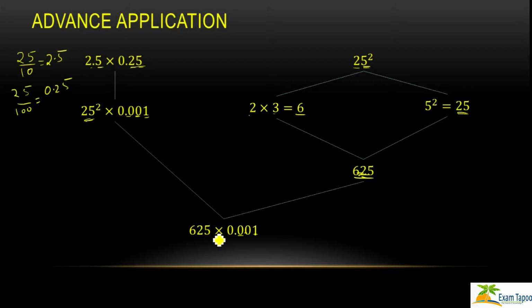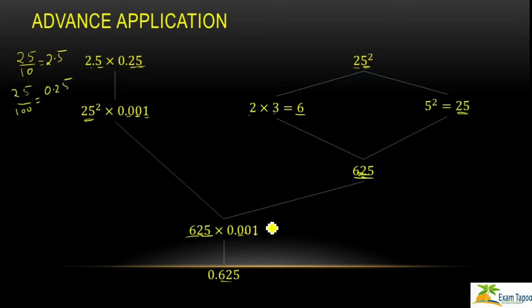So in this number also I will put the decimal after 3 places, starting from the right side. This is the first place, the second place and the third place, and I put the decimal just after the 6. The result comes out to be 0.625. So 0.625 is the product of these two numbers.